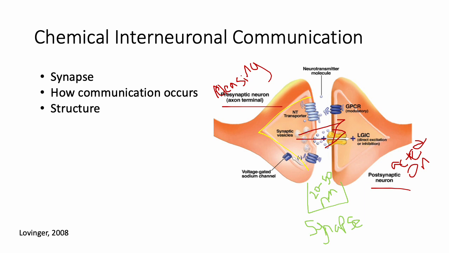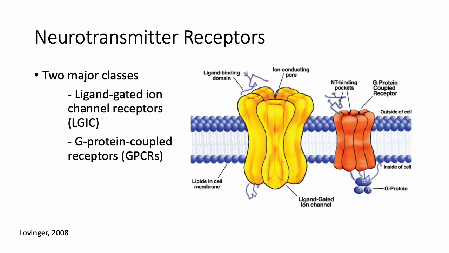GPCRs on the presynaptic neuron's axon terminal alter the function of voltage-gated ion channels and modulate neurotransmitter release. Neurotransmitter transporters remove neurotransmitter molecules from the synaptic cleft so that they can be repackaged into vesicles. Following that, we have our neurotransmitter receptors, which are two major classes. It's the ligand-gated ion channel receptors, which we mentioned earlier, and G-protein coupled receptors.